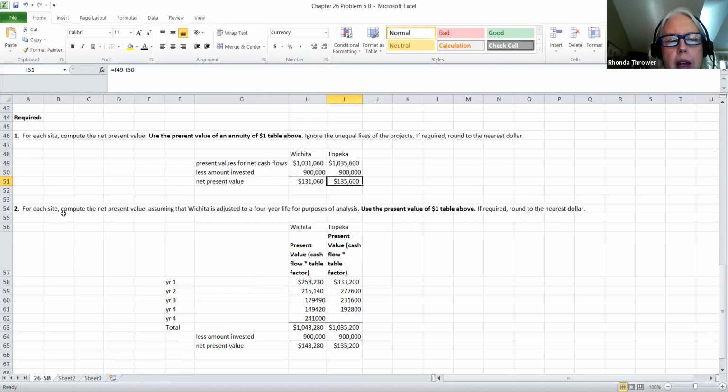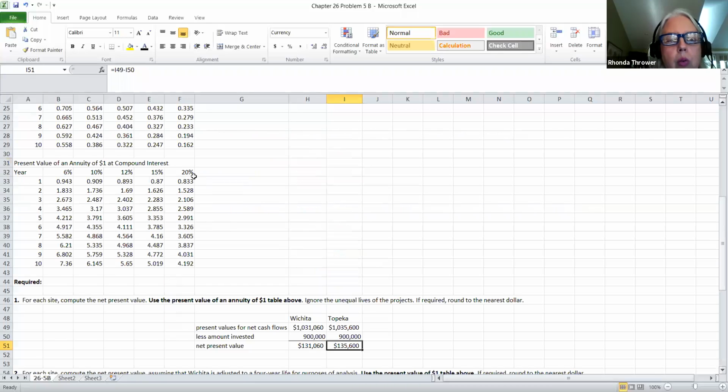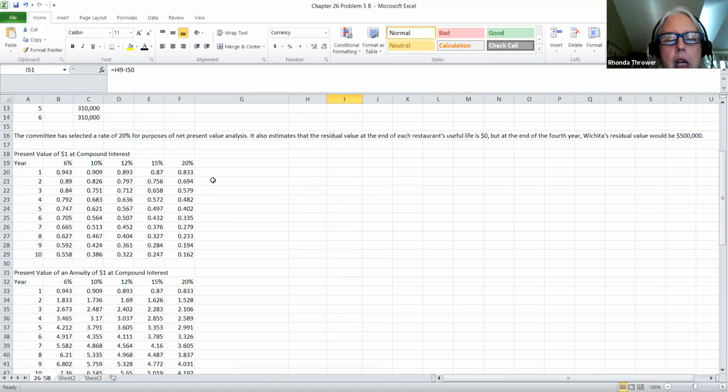Now, notice that in part 2, they've told you that you're going to use the present value of the dollar table. When we're using the present value of the dollar table, we have to multiply each year's cash flow by the table value amount.